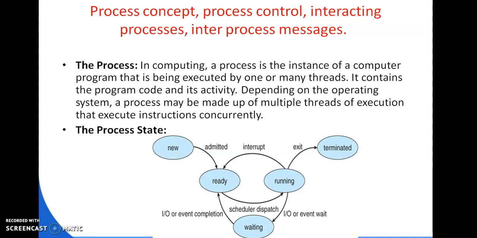So these are the 5 states of a process: new, ready, running. If there is any interrupt or any requirement for a process, then it moves into the waiting area. Then the last state is termination.